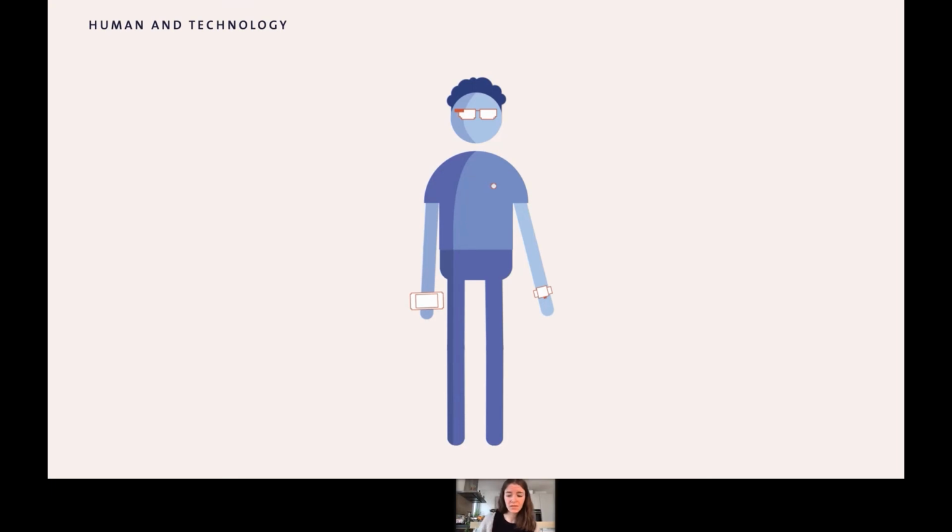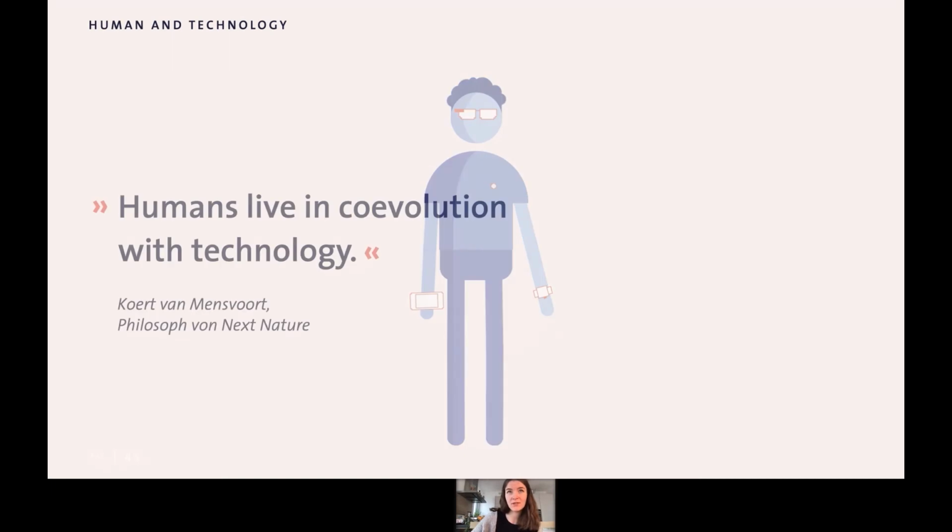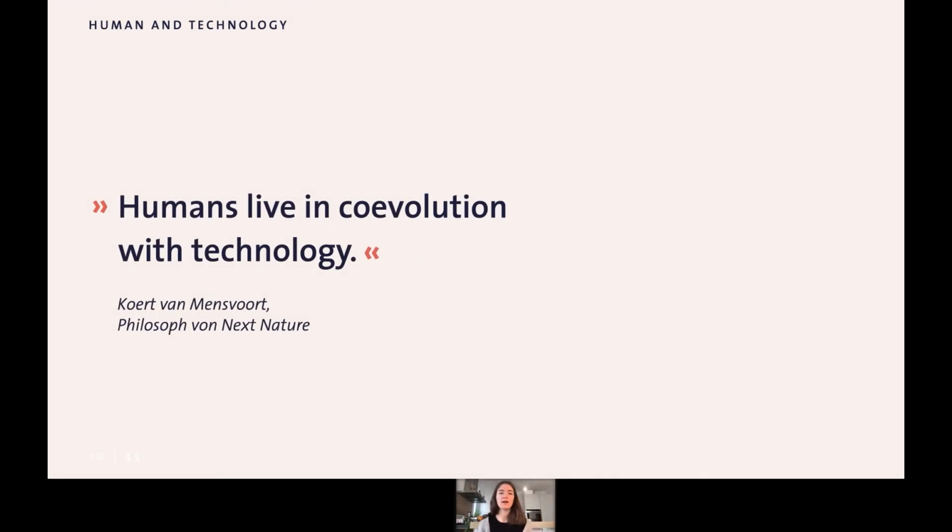And that's why Kurt Vonnegut Mansford, he is a philosopher, and he's dealing with the term next nature. So next nature is a discipline where people are looking at the term nature and trying to figure out what it means.